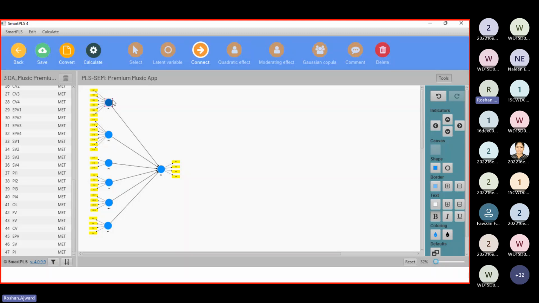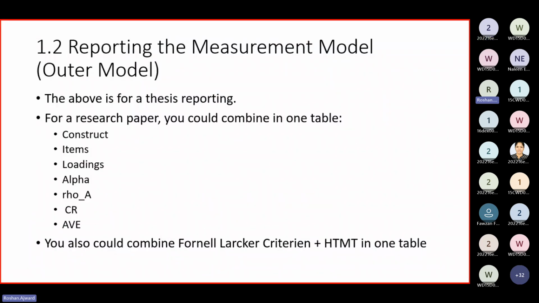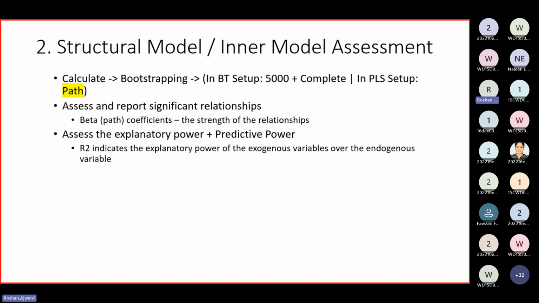That's called the outer model, also known as the measurement model. Then afterwards, once we check that, we'll come to the second stage and check the inner model, which is called the structural model. The inner model is known as the structural model.